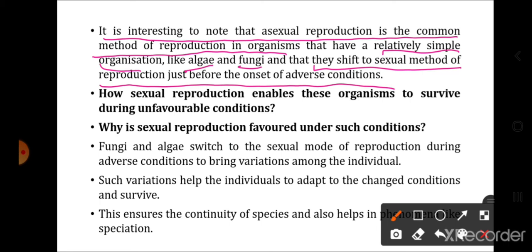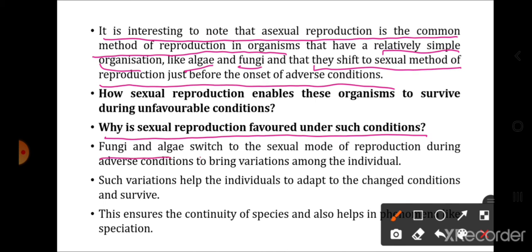So how does sexual reproduction enable these organisms to survive under adverse conditions? Or you can say, why is sexual reproduction favored under such conditions? During adverse conditions, how is the sexual mode of reproduction beneficial?